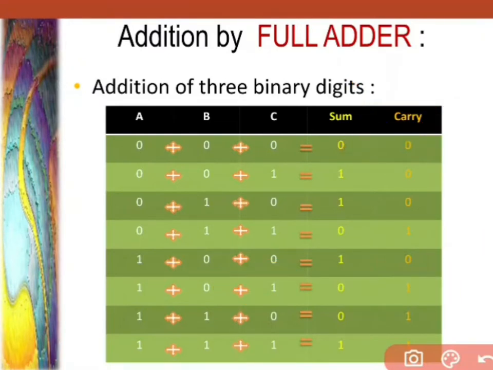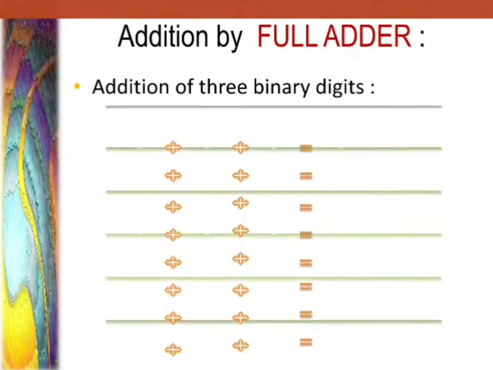The same way, 1 plus 1 is 10, so 0 is the answer and 1 is carry. And see here, triple 1 means 11, so 1 is sum and 1 is carry. In that way we have created our truth table.